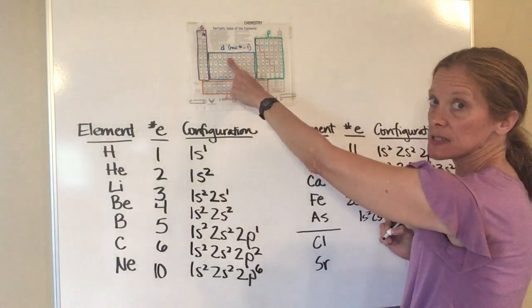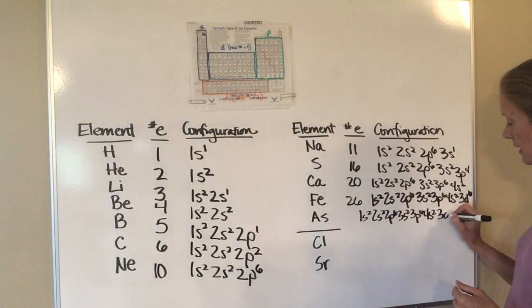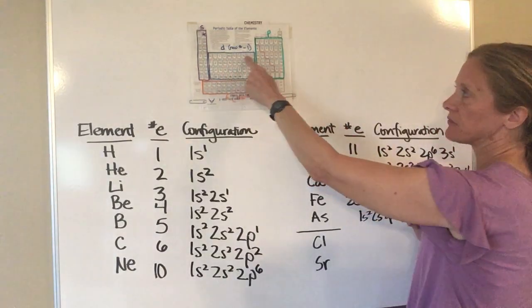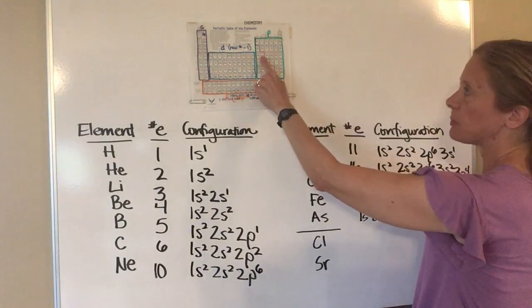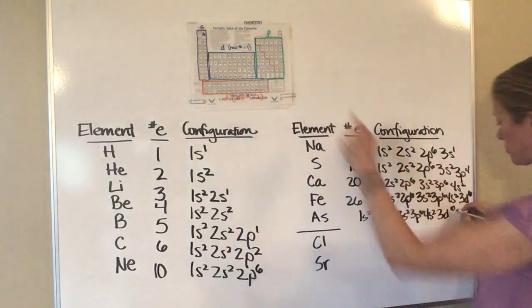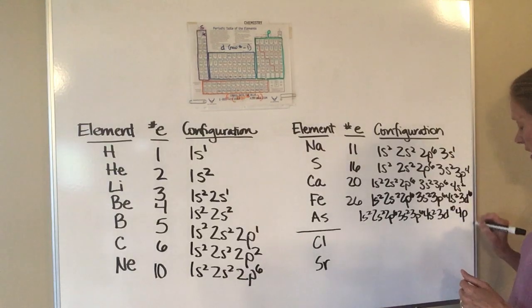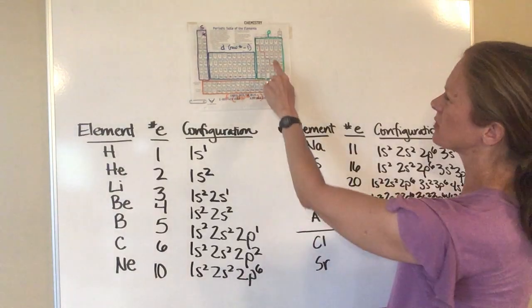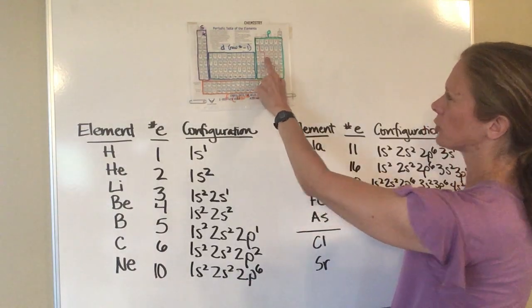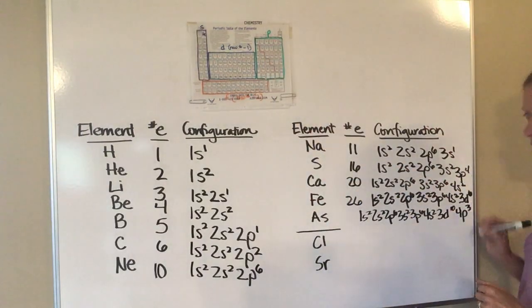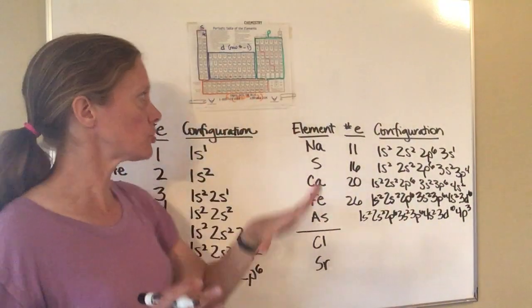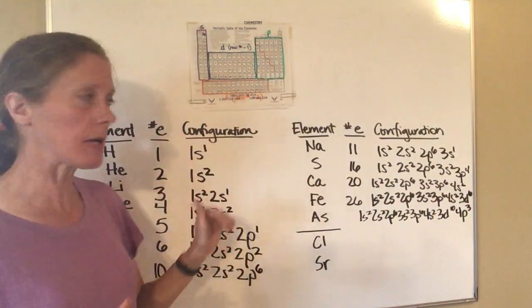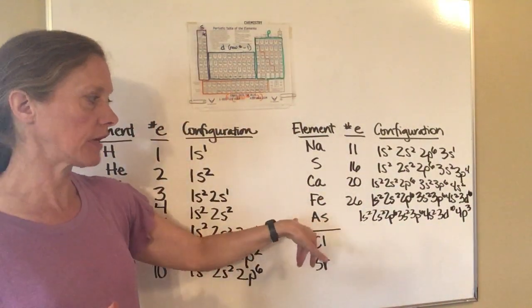Remember, this is the 3d row. 3d, and if you count, you're going to have 10 going all the way across here, and then you get to the P block, but this is the same as the row number, so this is 4p, and if it's arsenic, I've got the 1, 2, 3rd column over, so it's 4p3. Okay, so as long as you're reading your way across the periodic table and doing it in order, you're going to have these right.